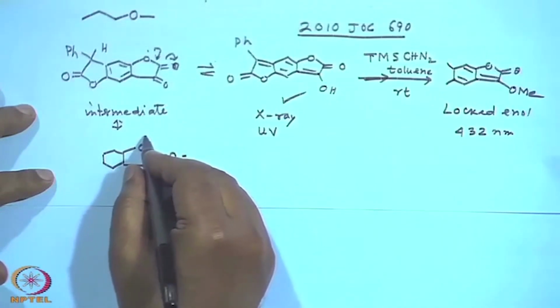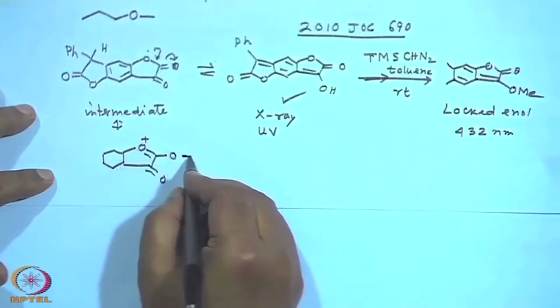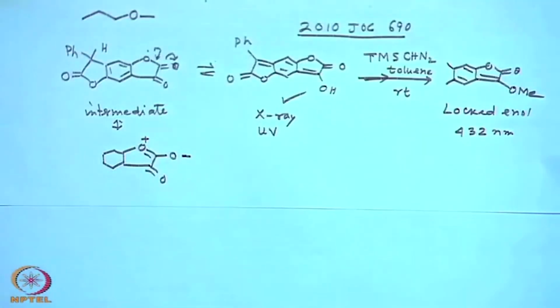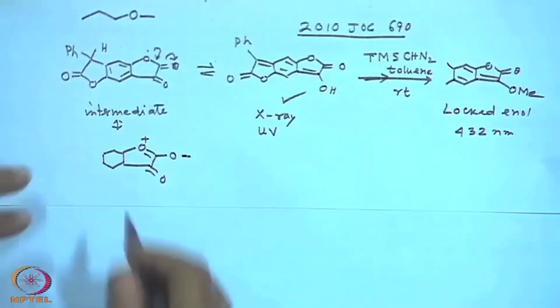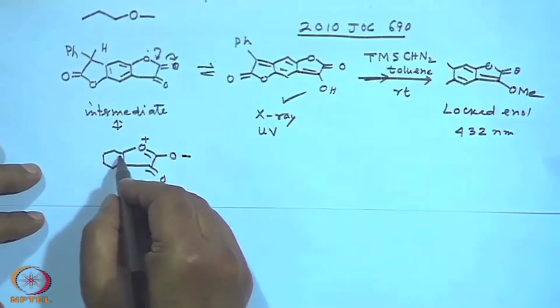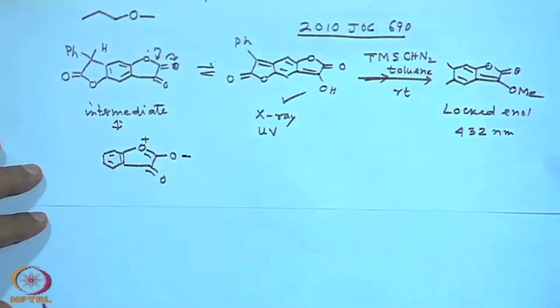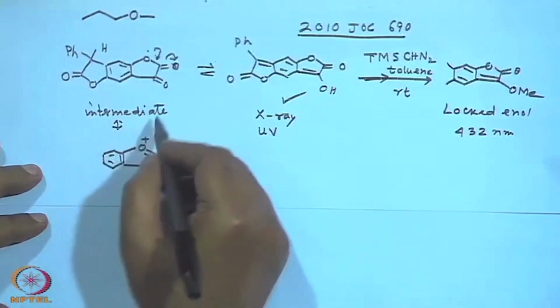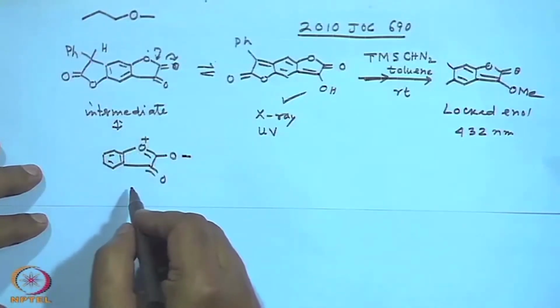So, once again it is kind of a sydnone structure, right? Polarized, where the charge resides outside the skeleton. Can you make out that it is in resonance with such a structure, and such a structure is not a stable one.